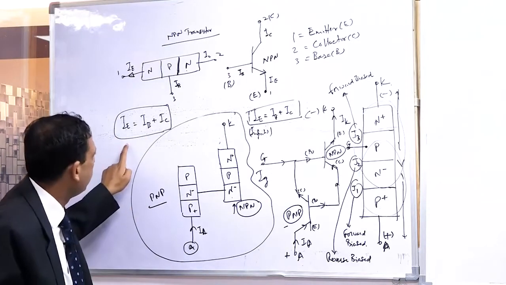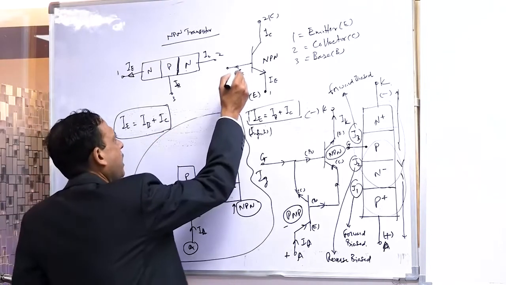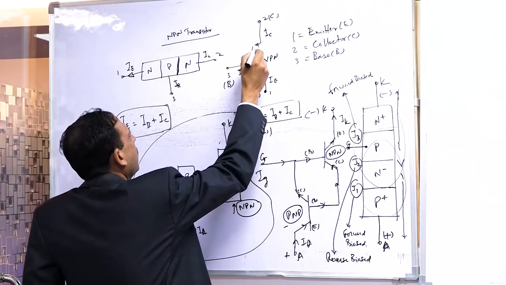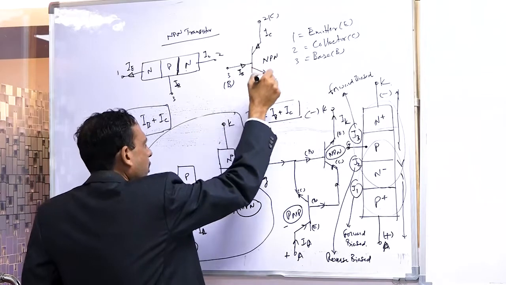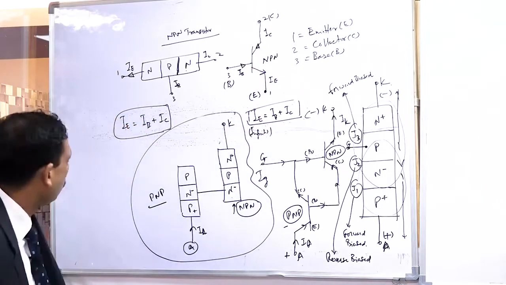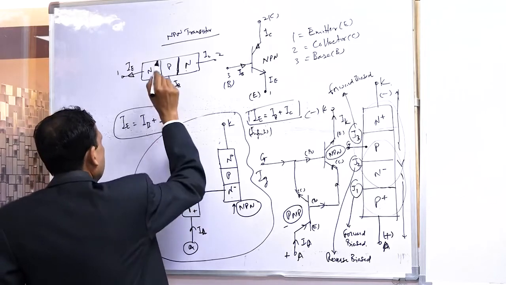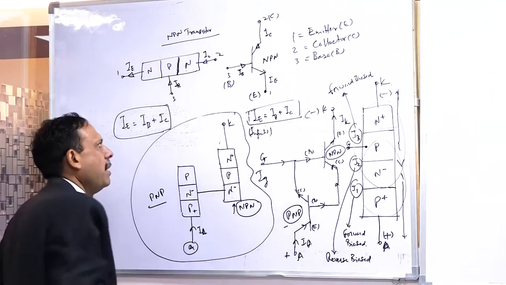If the emitter current is equal to base current plus collector current, it means these two currents will be going inside. The base current will be going inside and the collector current will also be going inside. Then only collector current plus base current is equal to the emitter current. Is it clear? So here also, if the emitter is going out, base current is going inside and the collector is also going inside. This you have to remember.